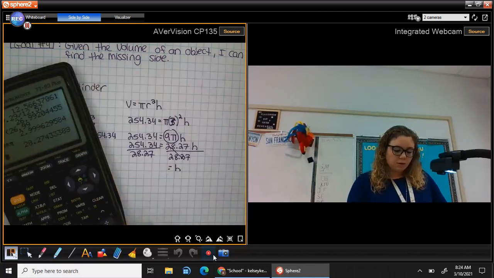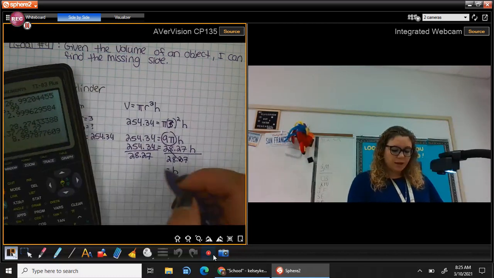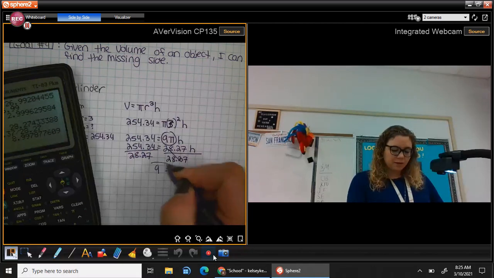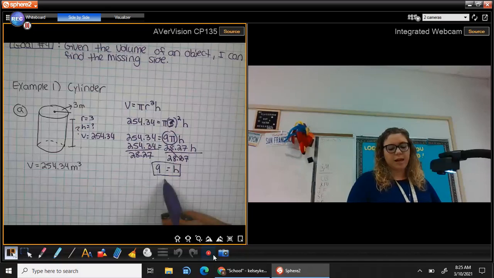So 254.37 divided by 28.27 is going to give me 8.99. And if I round, it's going to give me 9. So the height of this cylinder is 9.